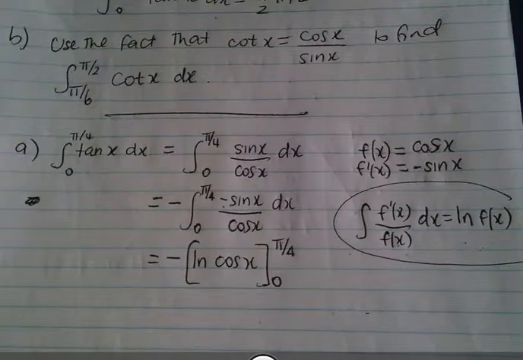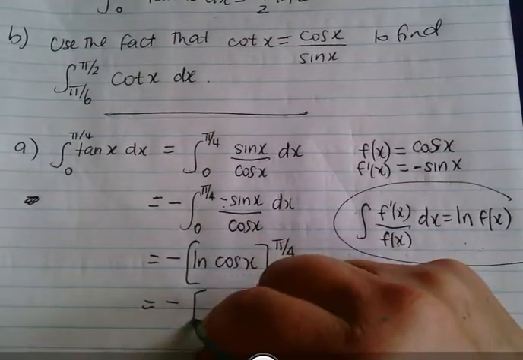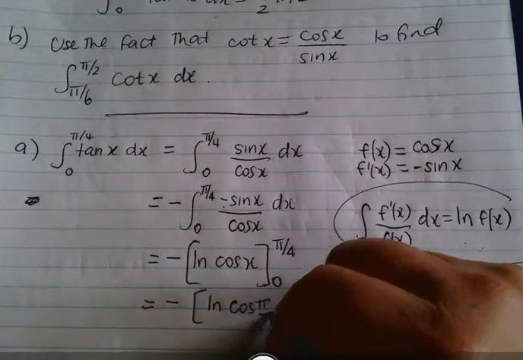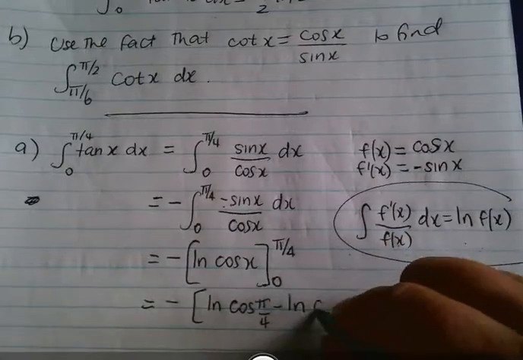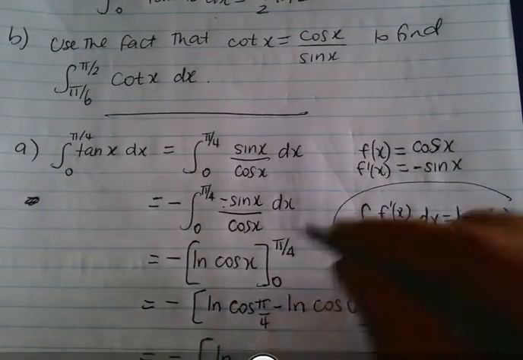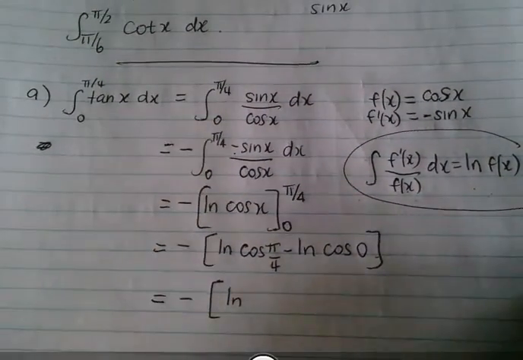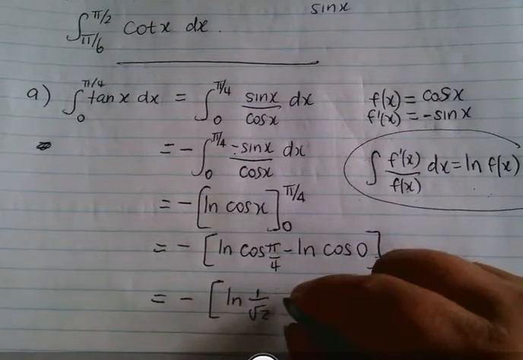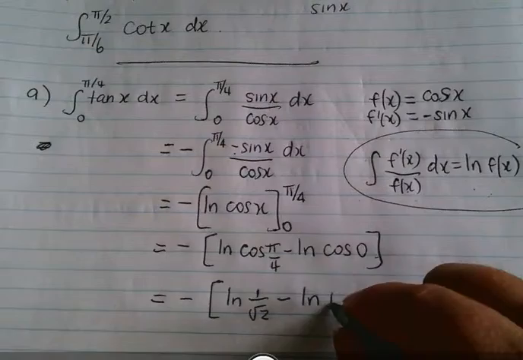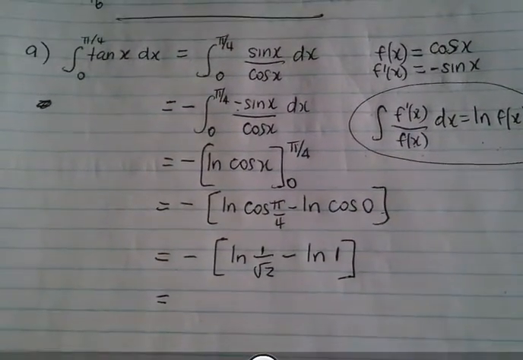We okay? So we're doing part A first, which is negative ln cos of pi on 4 minus ln cos 0. So it's negative ln. What's cos of pi on 4? ln 1 on root 2 minus ln. What's cos of 0? How do you do ln of something minus something else?